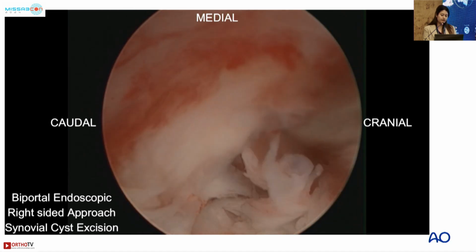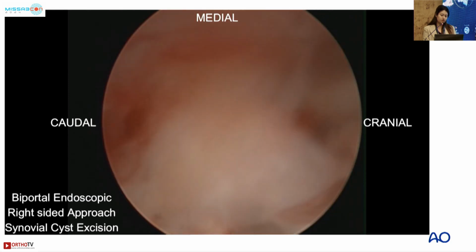De-roofing of the lateral recess is done and is checked if any remnant is left.